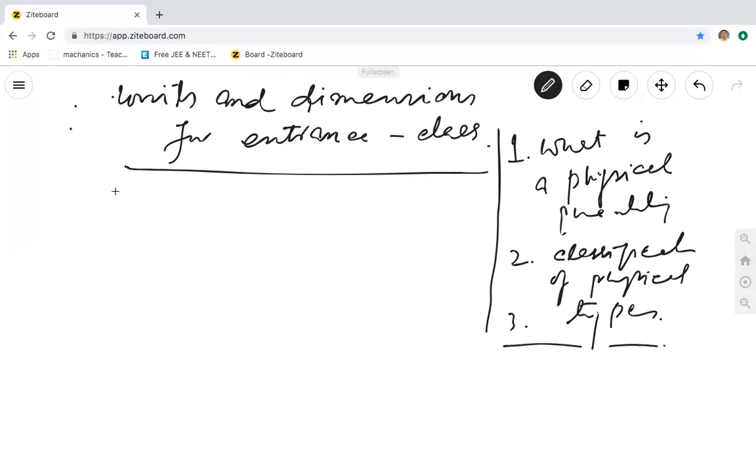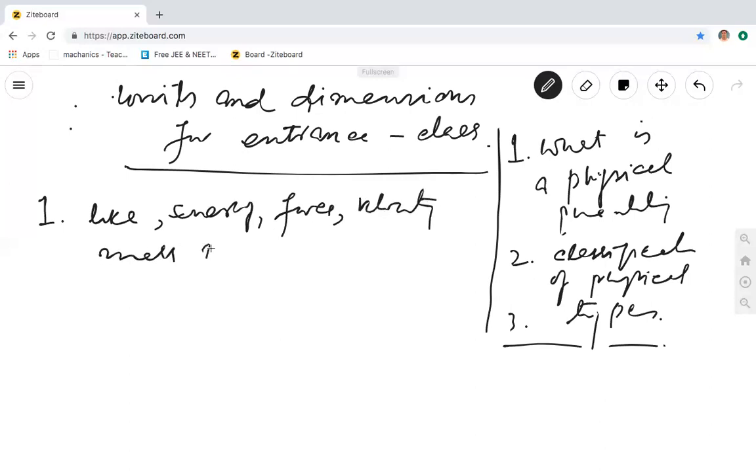Okay, now first of all, what is the physical quantity? Physical quantity is that one which can be measured and expressed in numbers. Any quantity that can be measured and expressed in numbers is a physical quantity, like energy, force, velocity, mass.